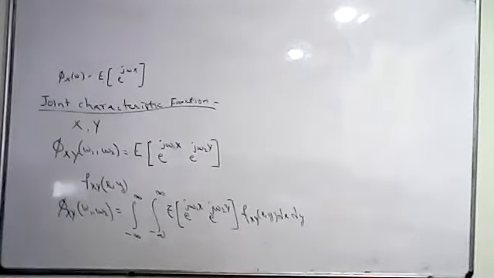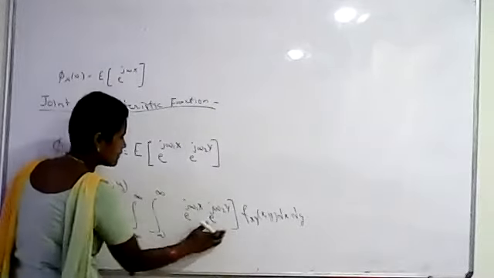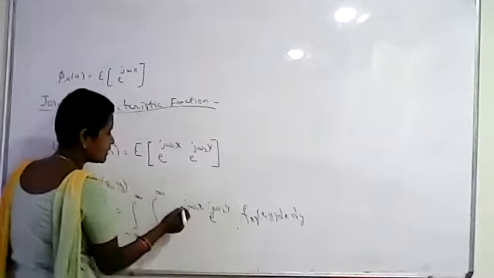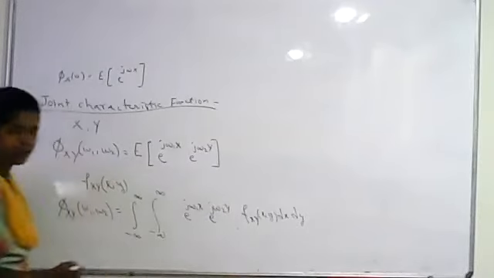So what is this? If you observe, this equation is nothing but the two-dimensional Fourier transform. If you compare this equation with the two-dimensional Fourier transform, the only difference is that in the Fourier transform we have a minus sign here, but we have a plus sign here.